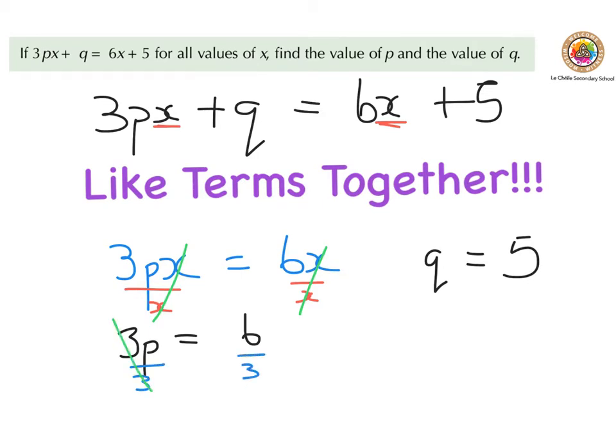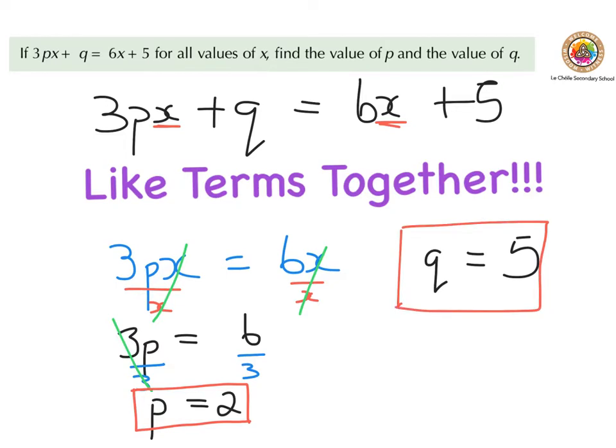They cancel and I'm left with p is equal to 6 divided by 3, which is 2. And over here, when I put the like terms together, q and 5, then q is equal to 5. So I can replace that in my equation, and that's it, very simply solved. I could go back and check it: 3p is 2, 3 by 2 is 6x, perfect, plus 5, and we have 6x plus 5, so we know we're correct.